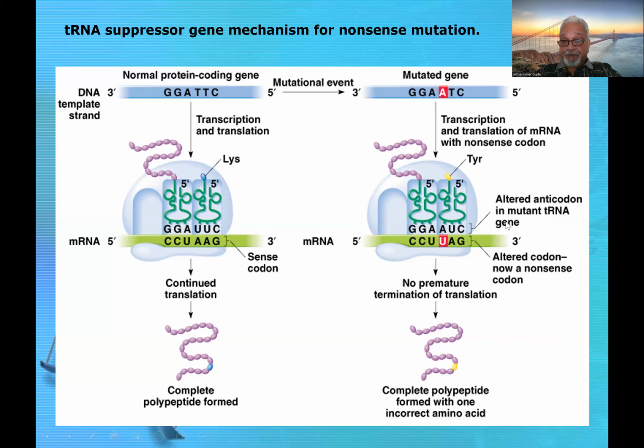So what is this change happening? The mutation is in AUC, which codes for tyrosine, for example, and this mutated tRNA reads it correctly and puts tyrosine there, and therefore there is no premature termination, and you see the complete peptide being formed.